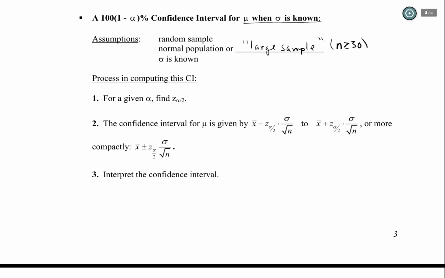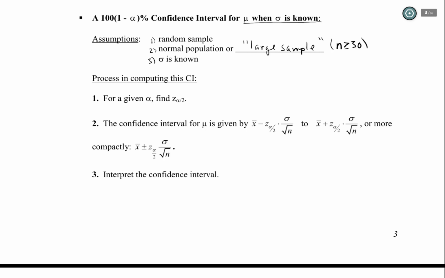You may be thinking, large sample, where is this from? It's the central limit theorem. So the central limit theorem is going to kick in for us here, and I'll talk more about that later. And then thirdly, sigma is known. So we've got these three conditions that need to be satisfied in order to use this confidence interval formula.